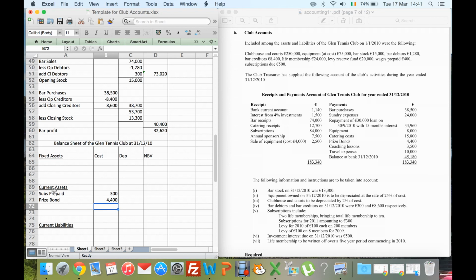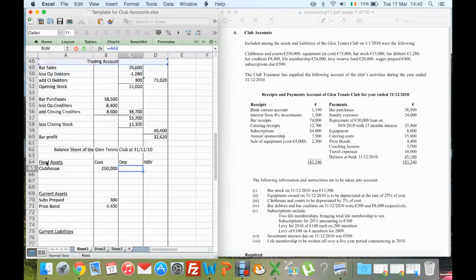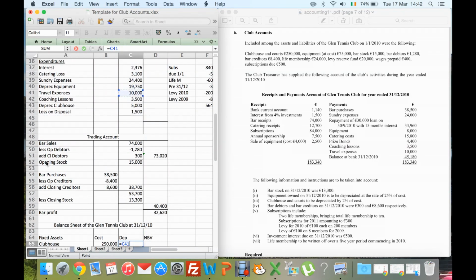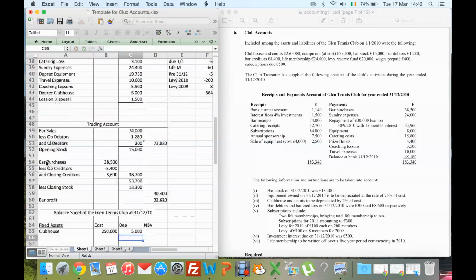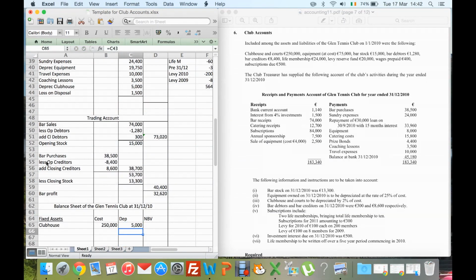Okay, so balance sheet then, we have clubhouse, 250 grand. Then we had depreciation on the clubhouse up here somewhere, 5 grand. And then we had equipment.